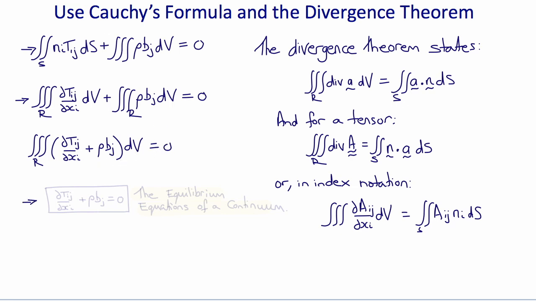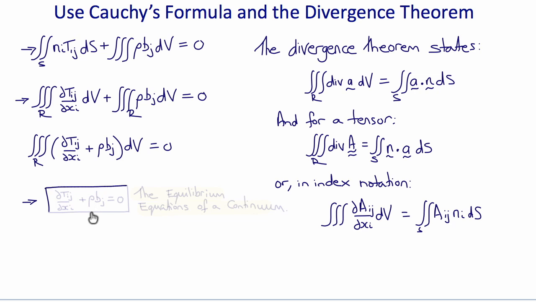At this point we use a common argument in continuum mechanics. Because the region R is completely arbitrary and could be arbitrarily small, the integrand, what's inside the integral, must itself be identically 0. And therefore, we can ignore the integral and just say that the differential equation inside the integral is 0.